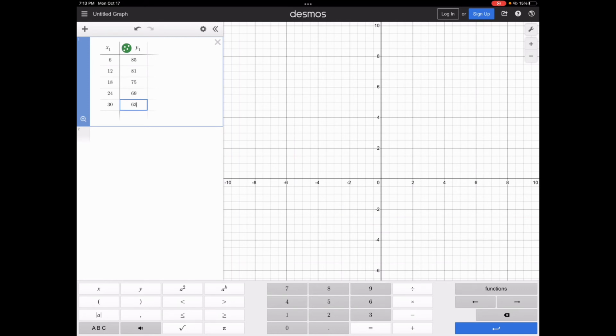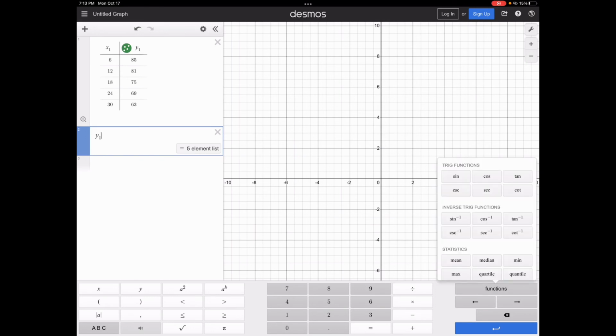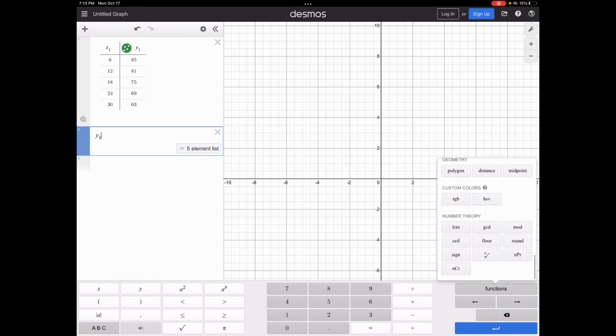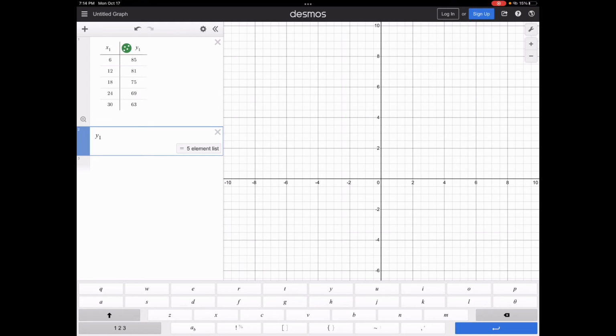Okay. Then, since we have y sub 1, we're going to type in y1. And we're going to use the approximation. Is that in our functions? I don't see it. All right, it's kind of difficult to find.